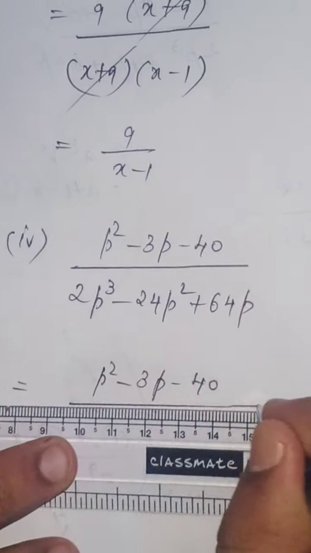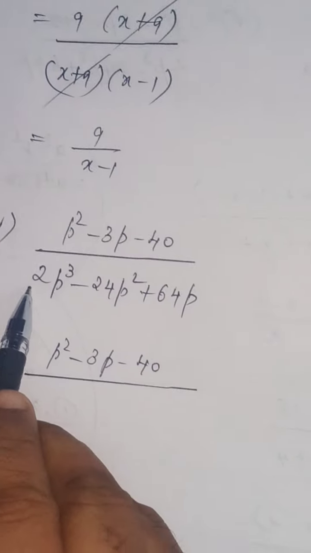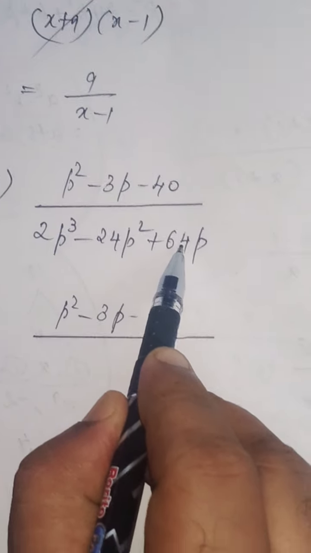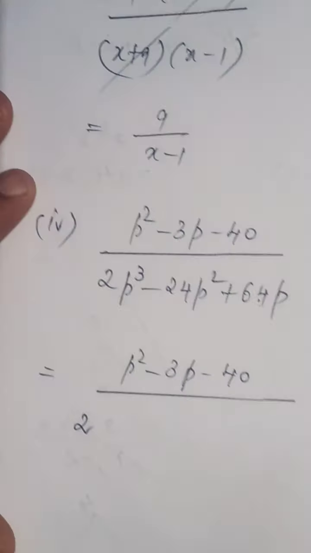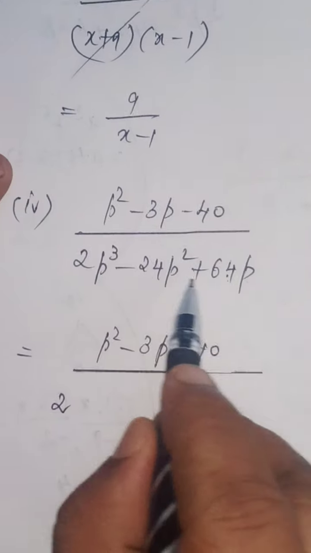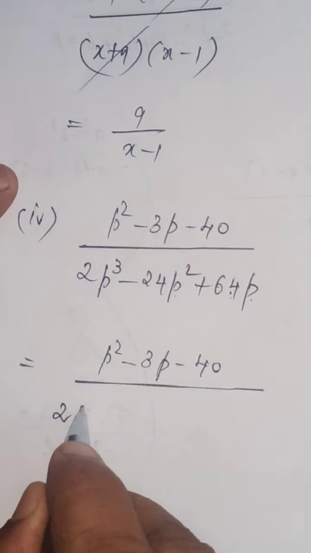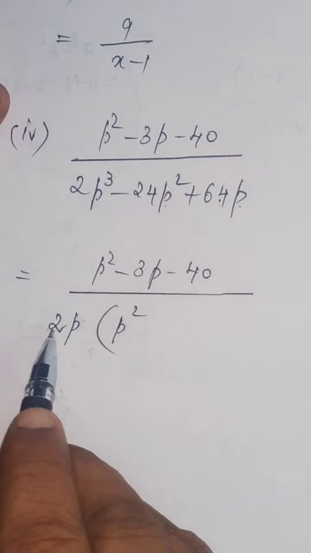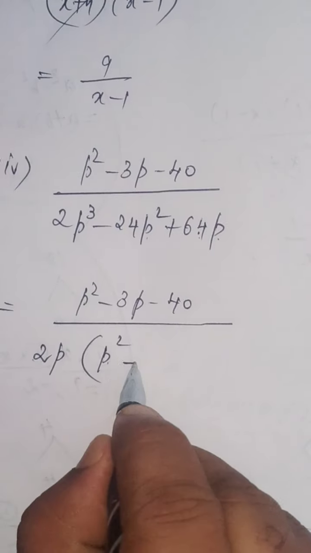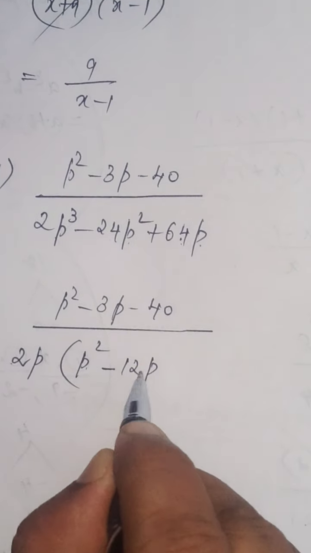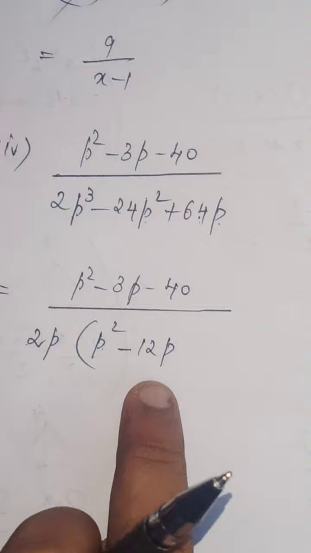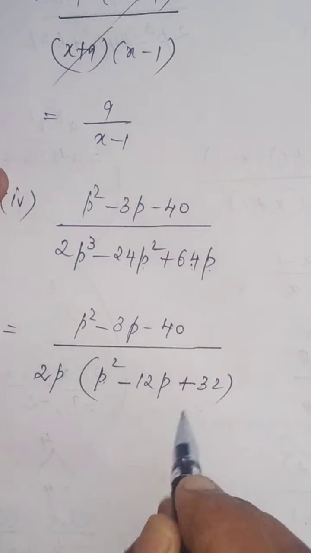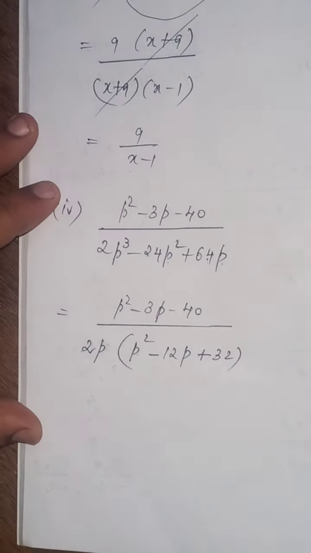For the denominator, common 2: 24 and 64, all three numbers are in the two table, so you can take 2 as common. Apart from that, p square, p cube, which one is the least? P, so write 2p as common. After taking 2p common, here you have to take p square, correct? 2p into p square equals 2p cube, minus 12 into 2, minus 24p into p square, plus 32 into 2p equals 64p.